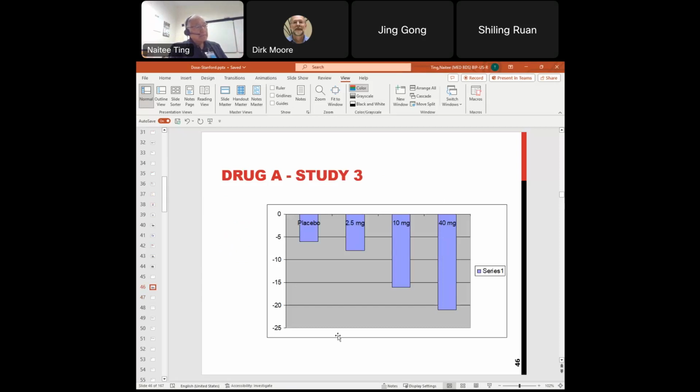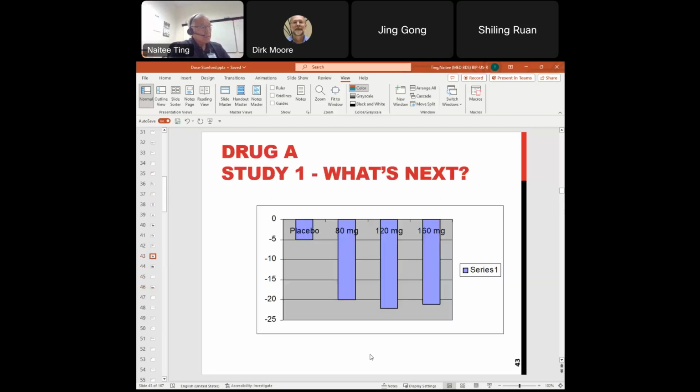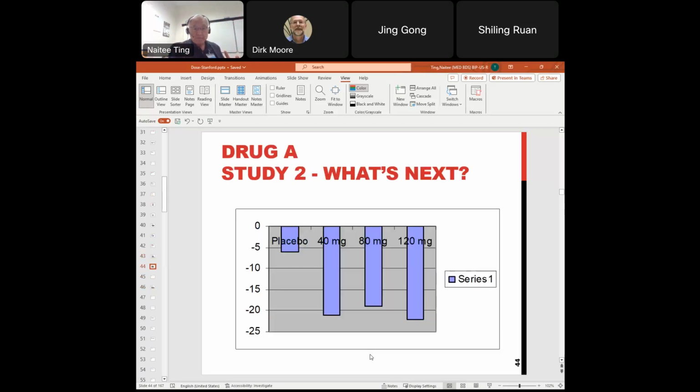I analyzed this study. I still remember that day. It was 1993. I was in my office, running SAS, and I got those results. I was completely shocked. Almost everybody who saw the results was surprised. In the first study you did 80, 120, 160. In the second study you did 40, 80, 120.